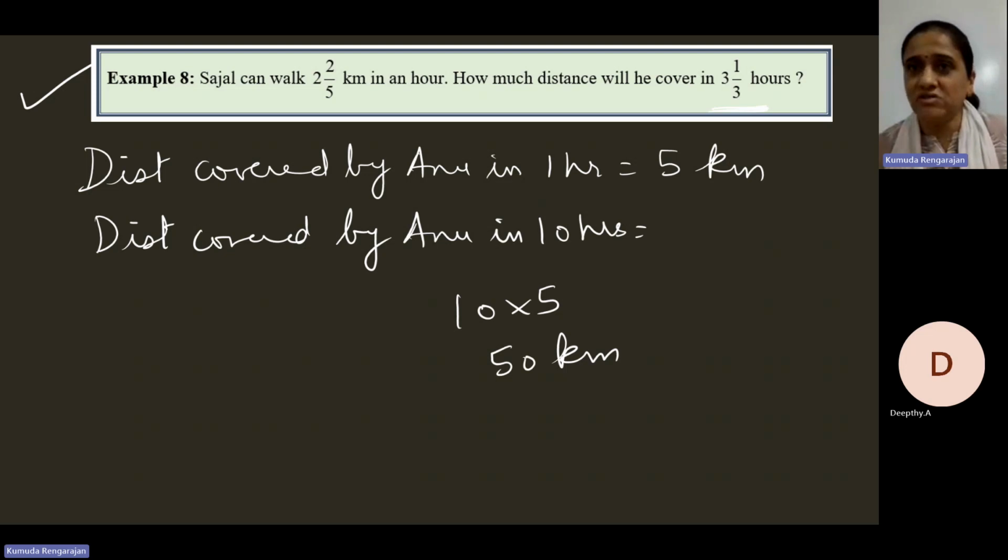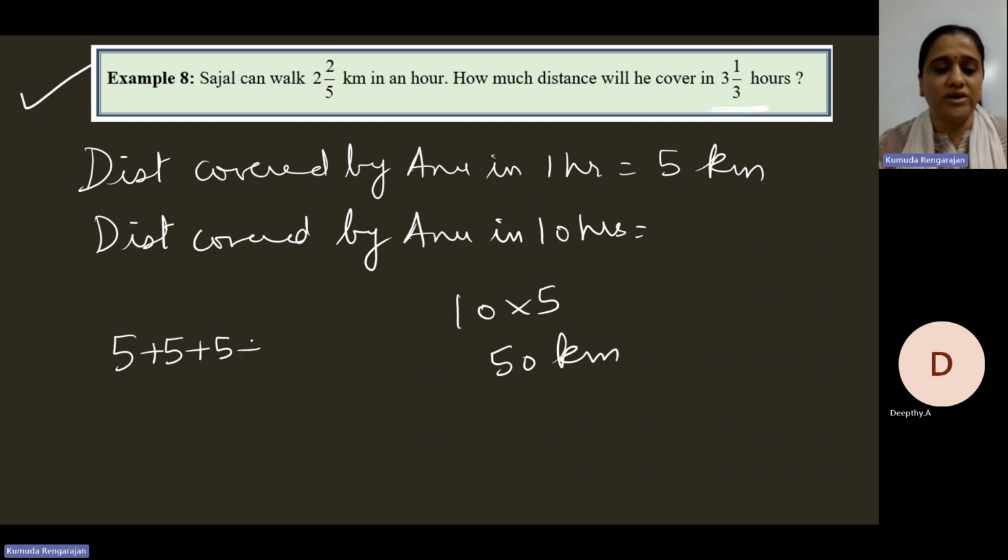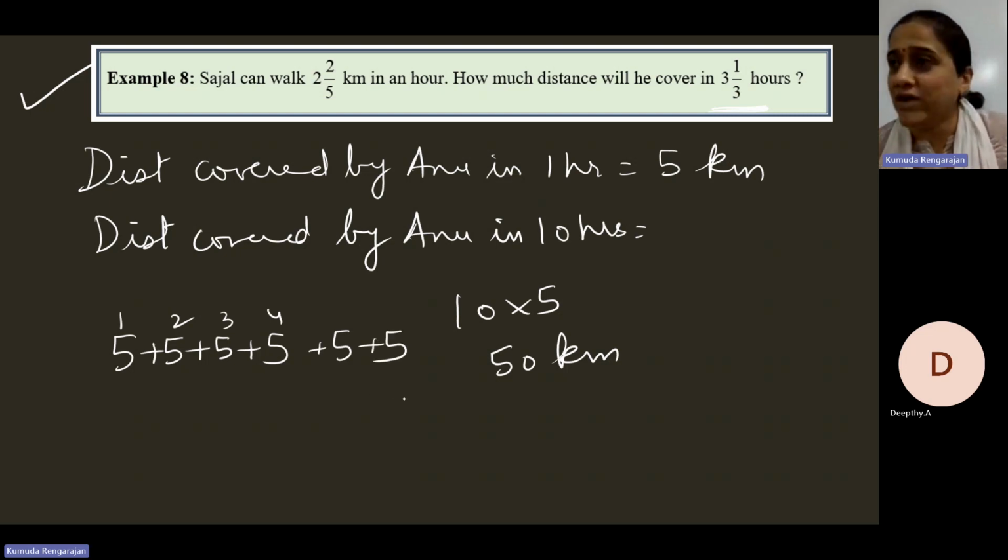And we know repeated addition is multiplication. You should add 5 to itself 10 times. So repeated addition is multiplication. That's why 10 into 5, 50 kilometers.